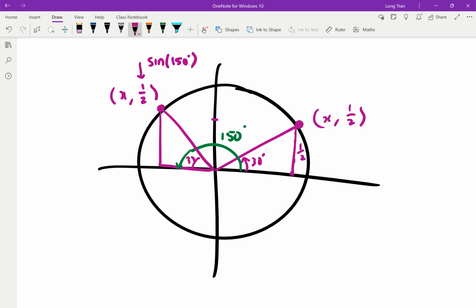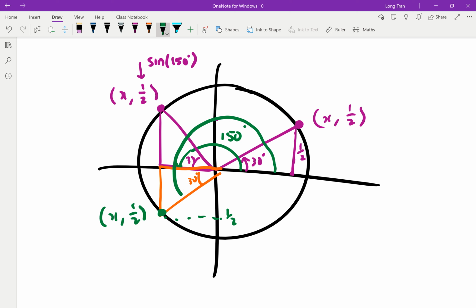Now if I drew the same triangle again, I drew it down this time, and this is 30 degrees again. So same triangle, still 30. That means the height, again, has to be half. True? So this point here should still be half, but what would the angle be? What would the angle be to start from 0 all the way across here?